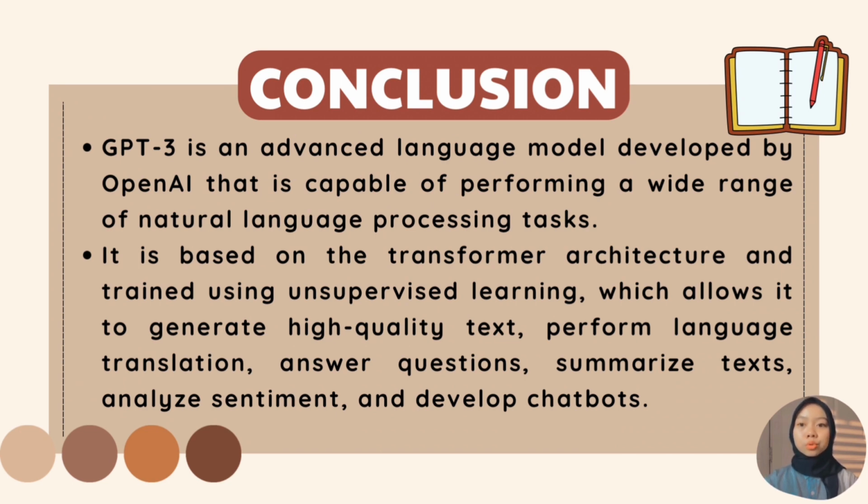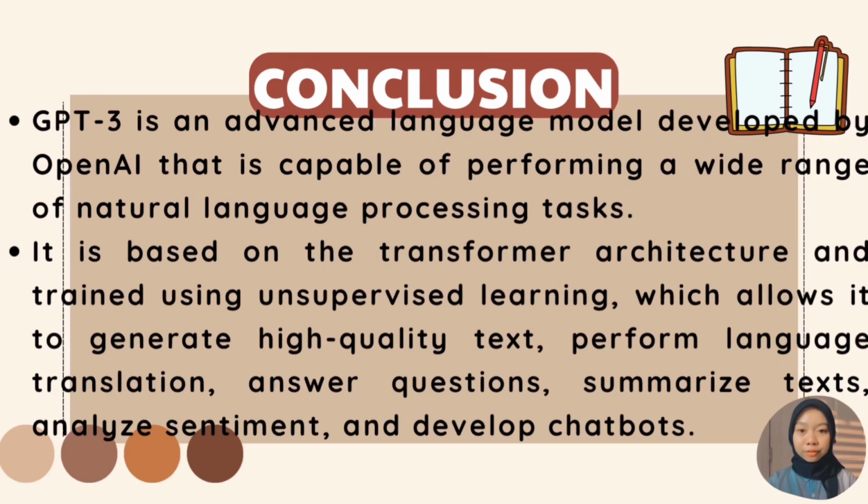Its ability to generate human-like text has made it a valuable tool for content creation and automation, and it has the potential to revolutionize the way we interact with computers and use natural language in our daily life.